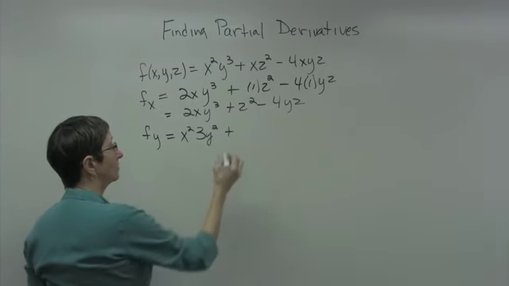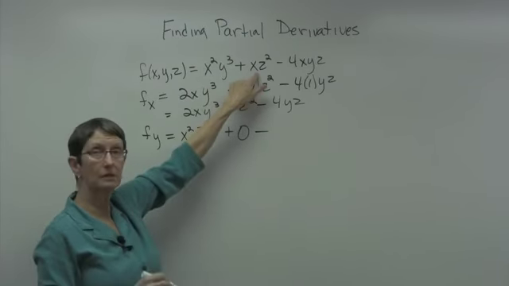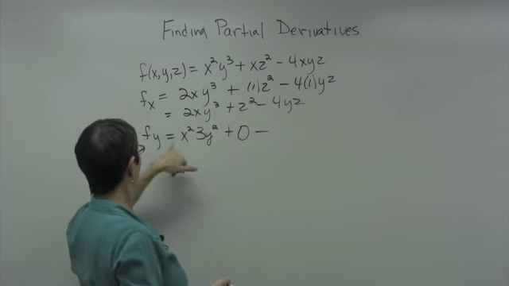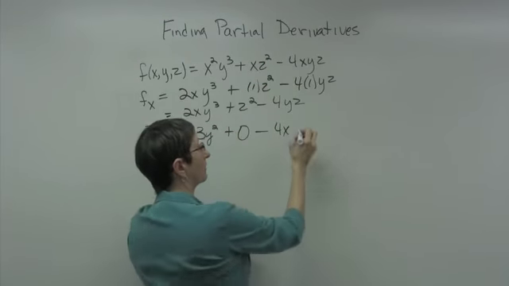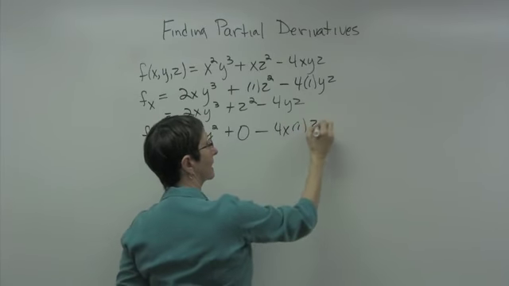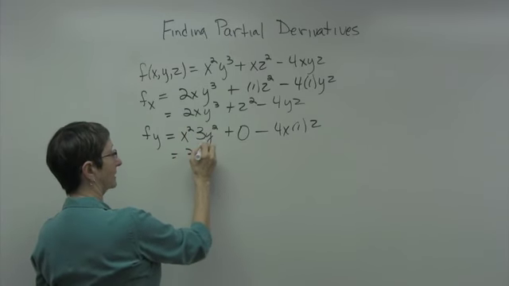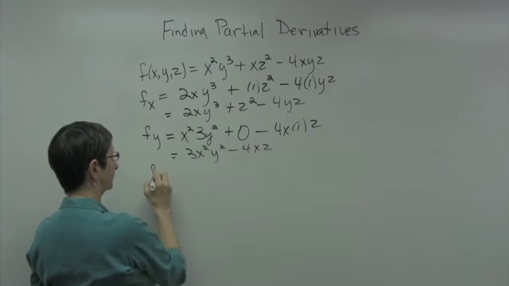Derivative of a constant is 0. When there's no y attached, the whole term is constant. So the derivative is 0. Minus 4x is a constant. Derivative of y is 1, and z is a constant. So I have 3x squared y squared minus 4xz.